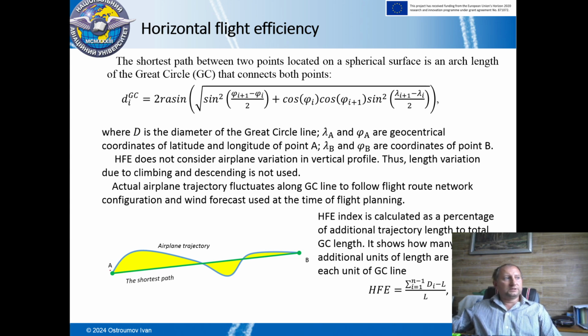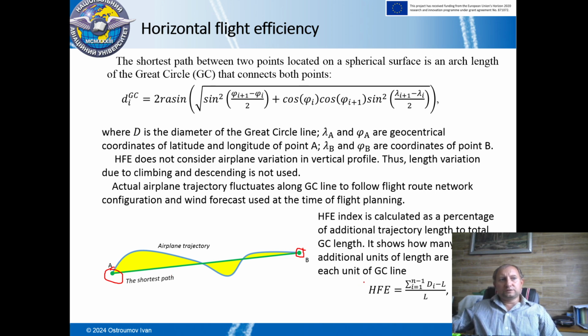What does it mean? It means that if we have to move from point A to point B and we have an actual or pre-planned airplane trajectory as the blue line here, and the green line is the shortest path. That's why horizontal flight efficiency has to show how our actual trajectory deviates from the shortest path.